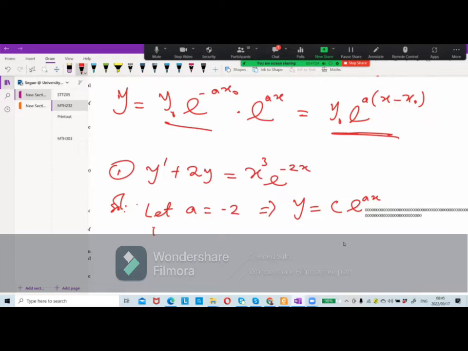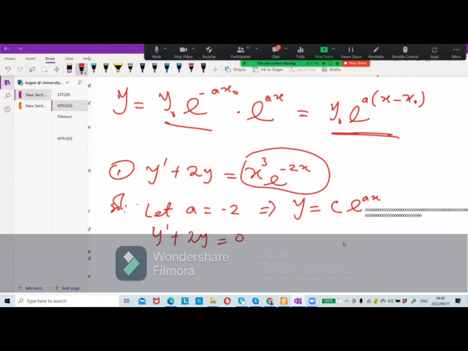If you look at this question, we have two x terms here, x raised to power 3 and exponential of minus 2x. You can't treat it the way you treat others. You need to, first of all, apply product rule to solve this problem before you can move on. If not, you might not get it rightly. So y prime plus 2y equals 0.